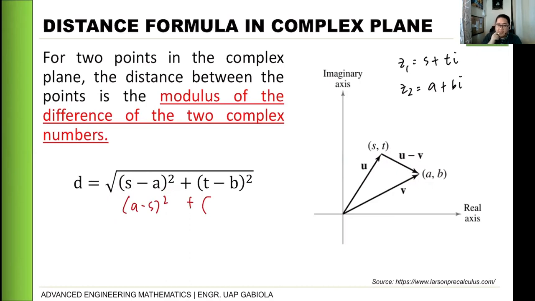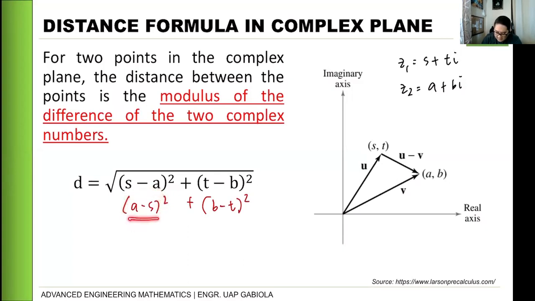But just to be consistent with how we get the vector, in our next topic in the semester we will be discussing vectors. So to be consistent, we use head minus tail. To get that, we just get the difference of the points.